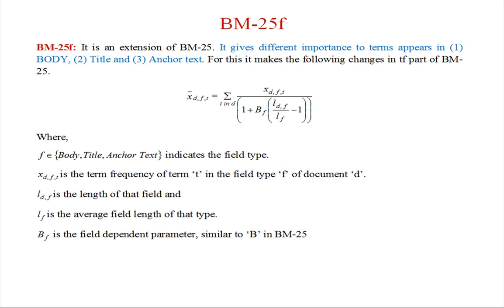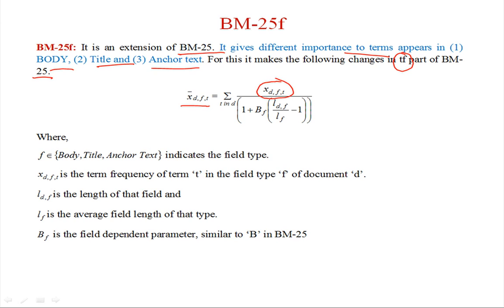BM25F is an extension of BM25. It gives different importance to terms appearing in the body, title and anchor text. For this, it makes the following changes in the term frequency part of BM25. Now the term frequency part will be a sum over fields.